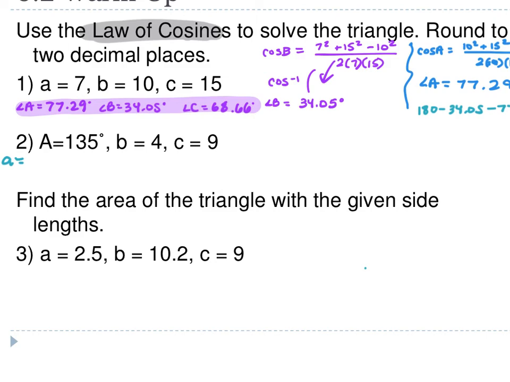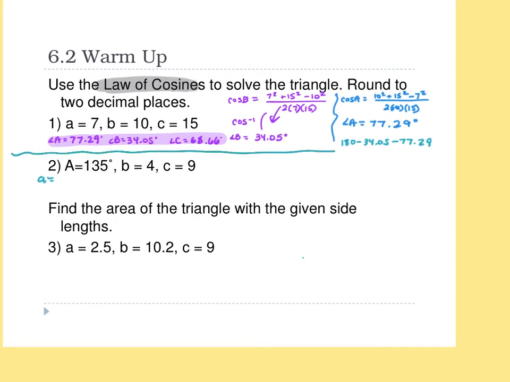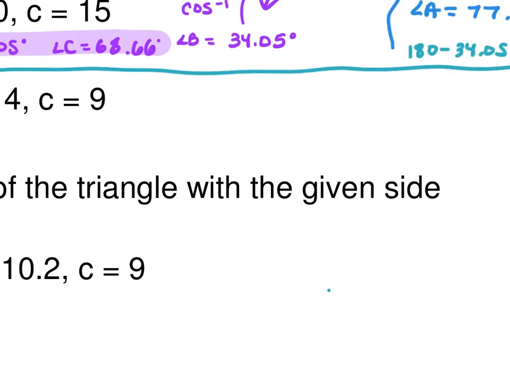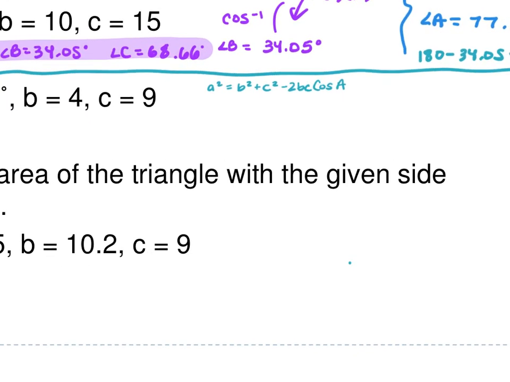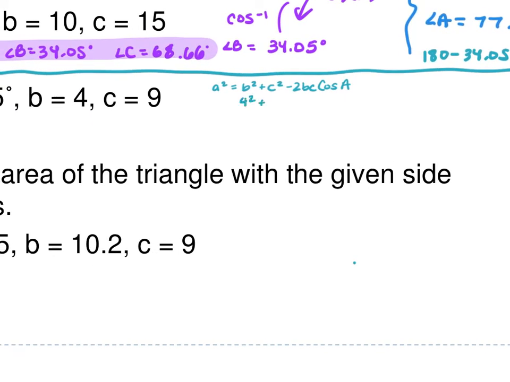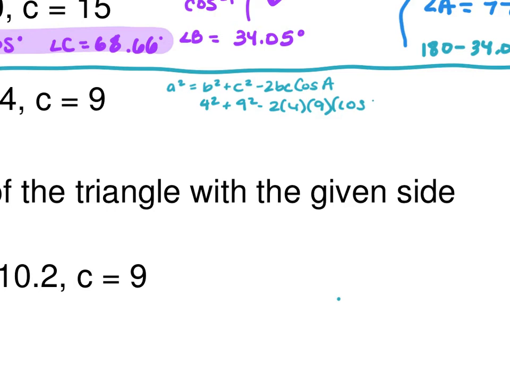So I would do A squared equals B squared plus C squared minus 2BC cosine, make sure you do cosine, A. So B squared is 4, C is 9, 2 times 4 times 9, times the cosine of my angle, which is 135. 4 squared plus 9 squared minus 2 times 4 times 9 times the cosine of 135.